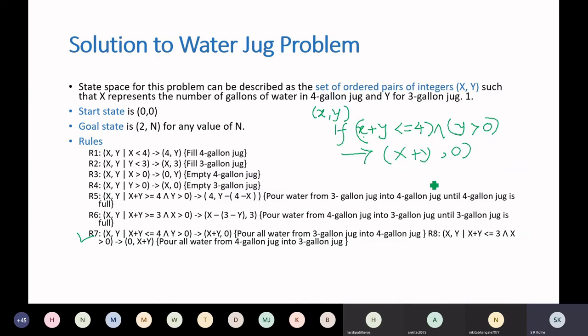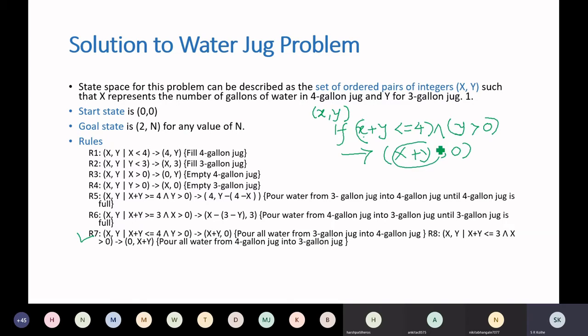The meaning of this is that you empty the 3-gallon jug. Now the second jug contains 0 gallons of water, that means you empty this second jug. And this first jug will contain x plus y. What is x plus y? Y was the water in the 3-gallon jug and x was the water in the 4-gallon jug. So the water in the 3-gallon jug you have poured into the 4-gallon jug.